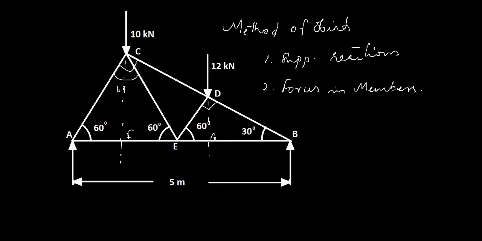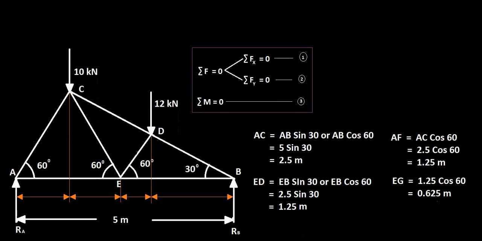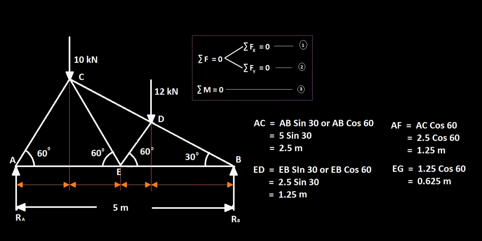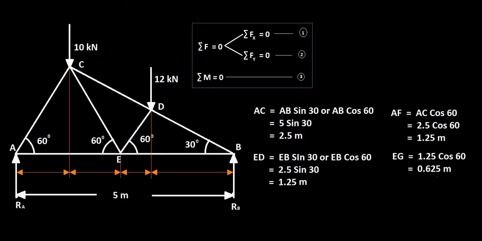here. So what I'm going to do is just use the basic trigonometric functions to find the distances to these two forces. As you can see in the figure, triangle ACB is a right triangle and AB is 5. Therefore AC will be equal to AB cos 60 or AB sin 30, and that will be equal to 5 sin 30 or 5 sin 60, that's equal to 2.5 meters.